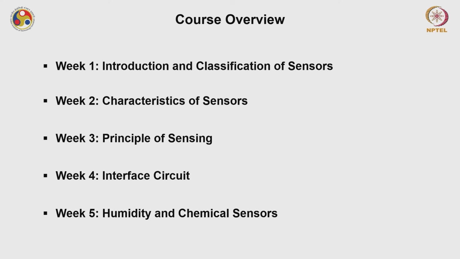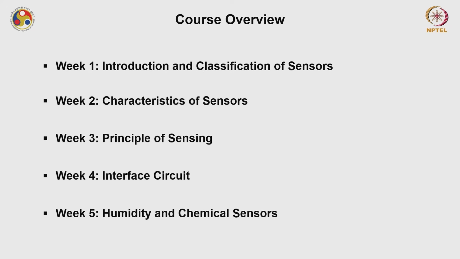So we will be discussing those characteristics of sensors in detail. By the end of week 2 you will be acquainted with all these characteristics. So if you are planning to buy a sensor, you will be able to assess the sensors available in the market on certain parameters. These parameters are nothing but characteristics of these sensors. So that we are going to discuss in the second week.